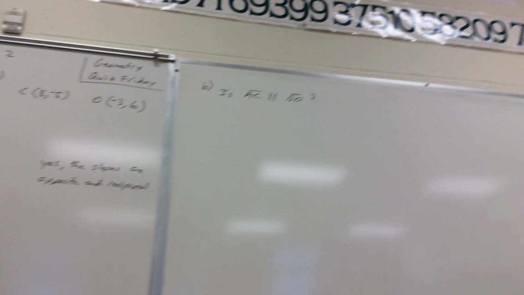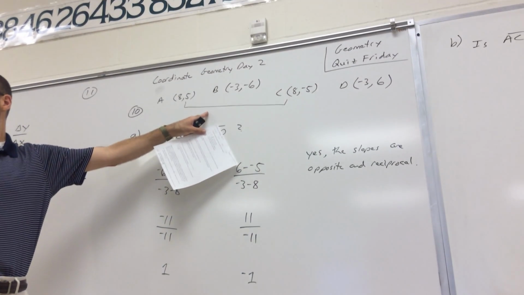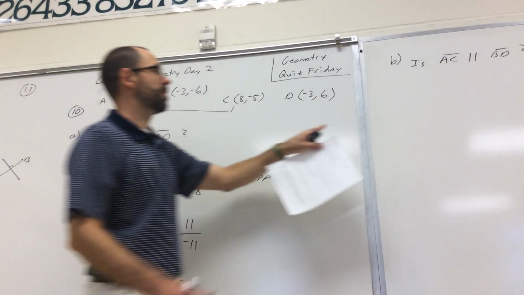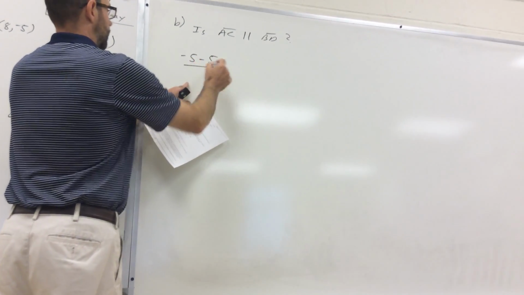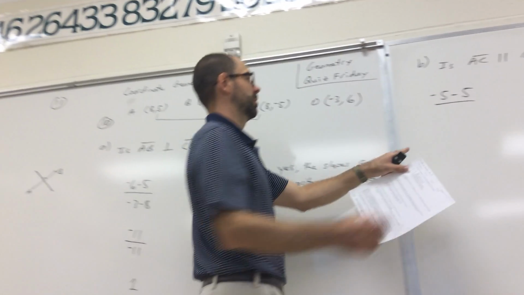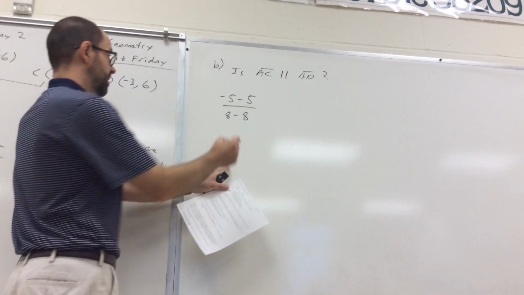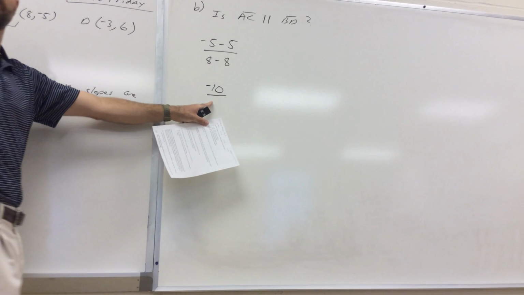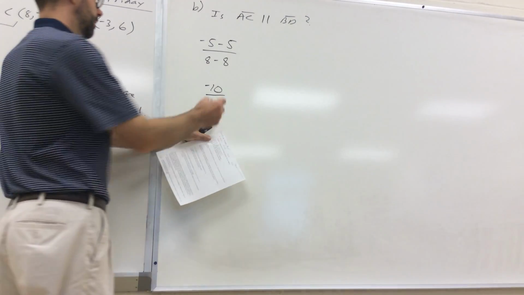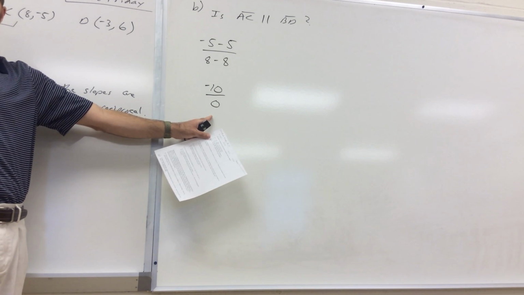Okay, now this time they switched and they're connecting A to C. So we'll do the slope from A to C. So that's -5 minus 5 over 8 minus 8. -5 minus 5 is -10. 8 minus 8 is 0, and then you're not allowed to divide by 0.